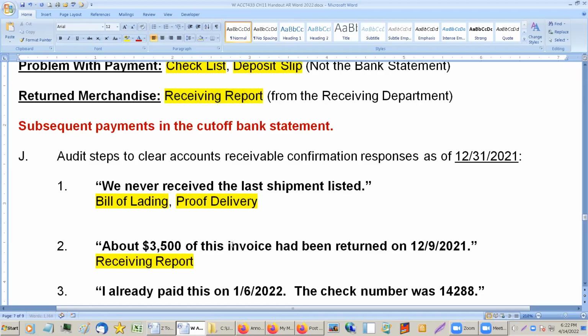And if you find it, you may also look at the subsequent accounts receivable procedures for it.